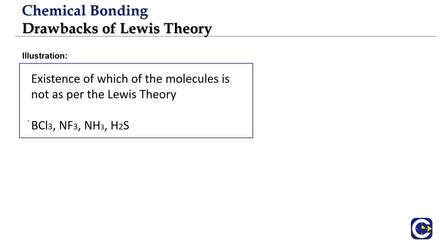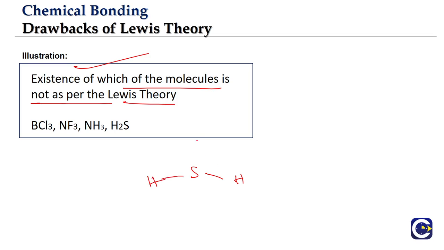Now we look at a question. Existence of which of the molecules is not as per the Lewis theory? Look at H2S: sulfur is bonded to 2 hydrogens.